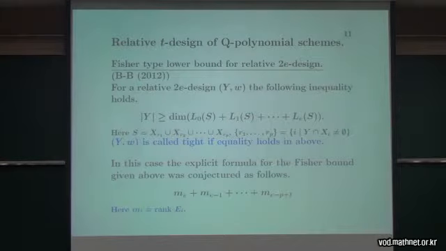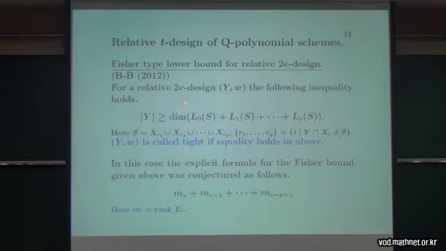Now I will talk about relative t-designs of Q-polynomial schemes, for which Fisher type lower bounds are known. In joint work with Hajime Tanaka, we proved such lower bounds.